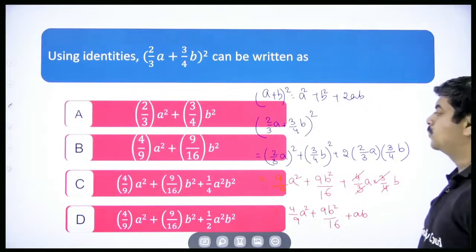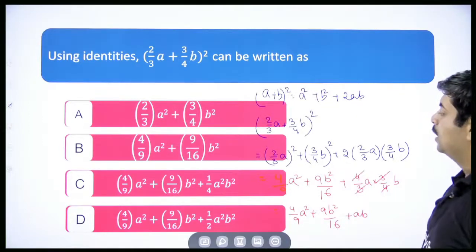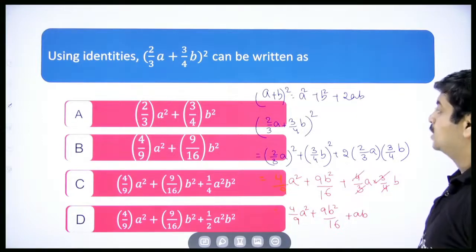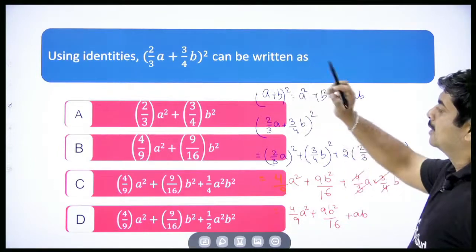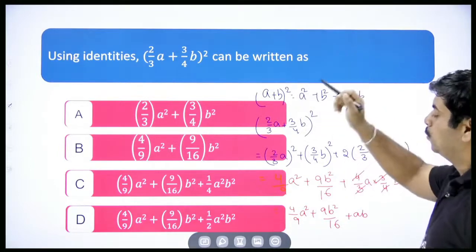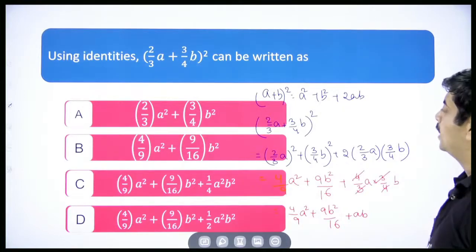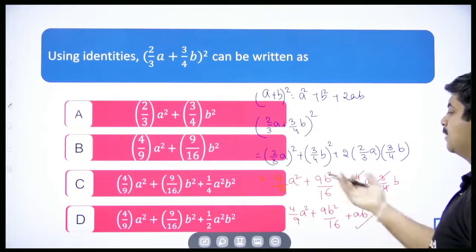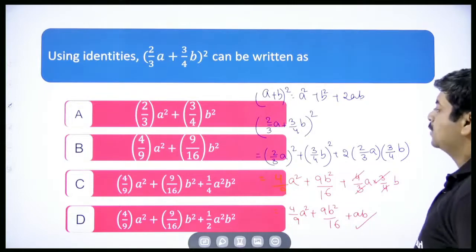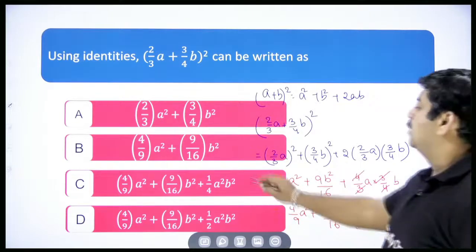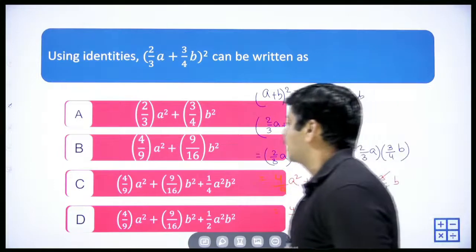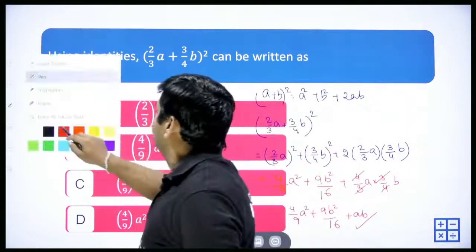So plus 2 into a into b gives ab. It should be ab only, so there is some printing mistake somewhere. 4 by 9 a square plus 9 by 16 b square, and then we'll be having plus ab.